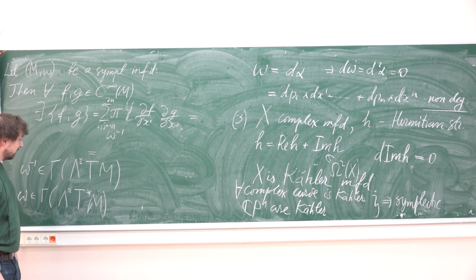Just like differential forms can be paired with vector fields and give you functions, you can take polyvector fields, or bivector fields in particular, and pair them with differential one forms, which are covector fields. When you say bivector field, you mean that we take a vector field and its exterior product?